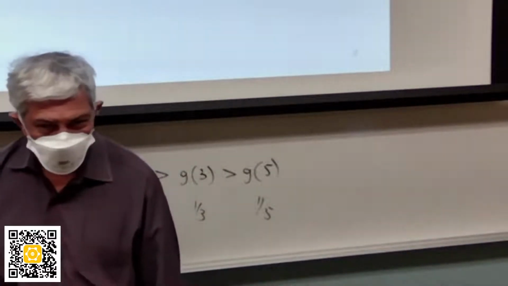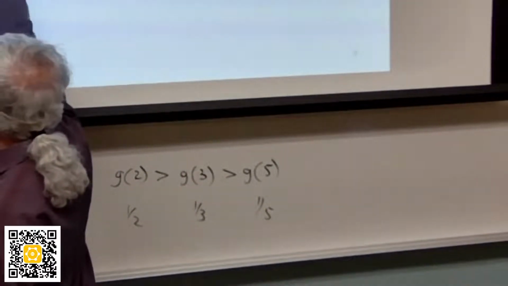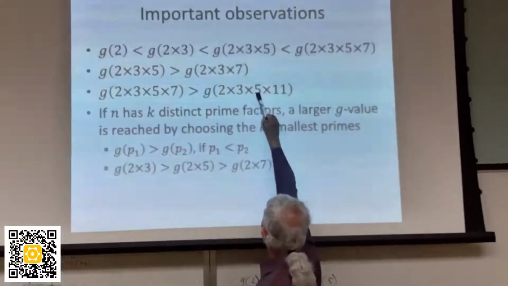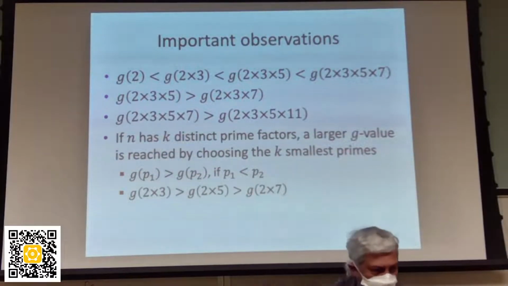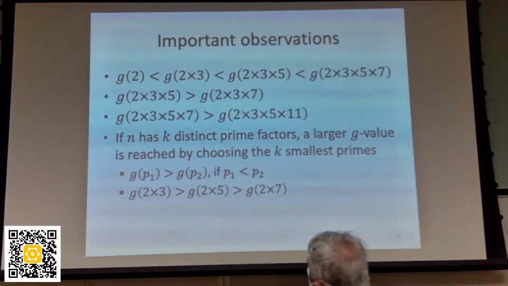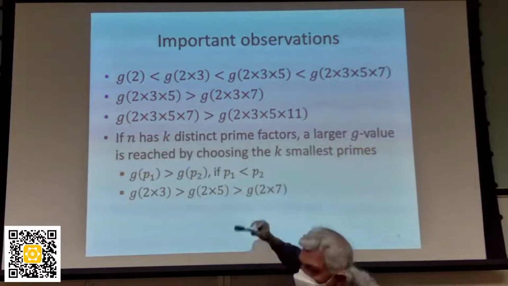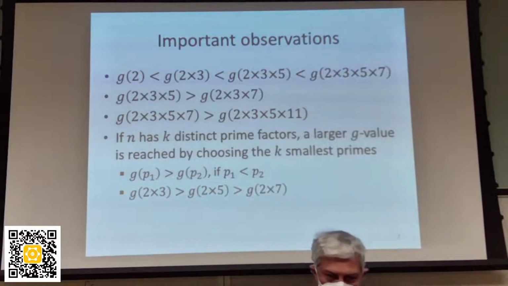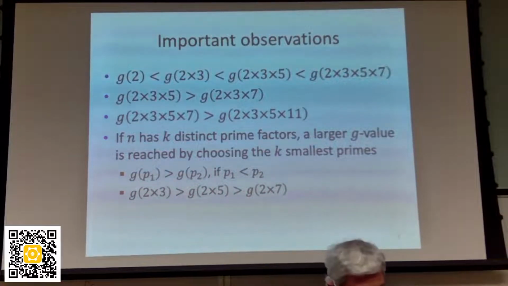Is that clear? Well, I can actually go a little higher and say 2, 3, 5, and 7, or 2, 3, 5, and 11. Which one's better? This one is going to be better, right? That's obvious. So what this means is, if I have k distinct prime factors for two different numbers, let's say I take two numbers, n1 and n2.